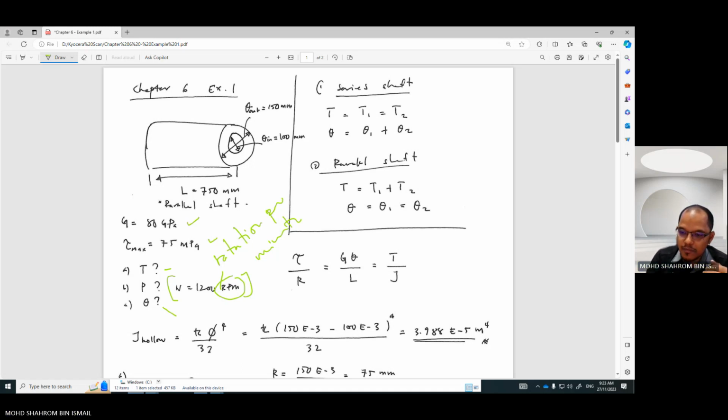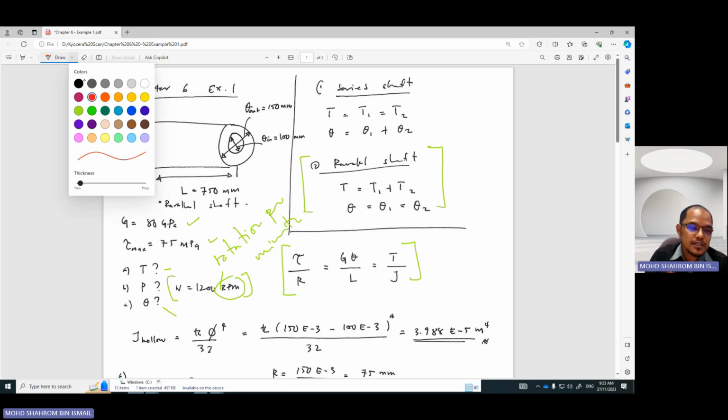Berapakah daya piuhan? Lepas tu, dia kenakan segala perkara tindakan daya ke atas ni. Okay, so of course, using this kind of formula, and then since it's a parallel shaft, kita gunalah ini.